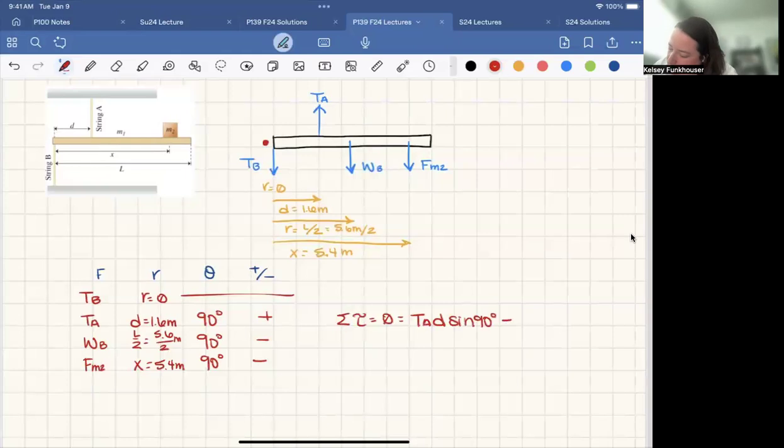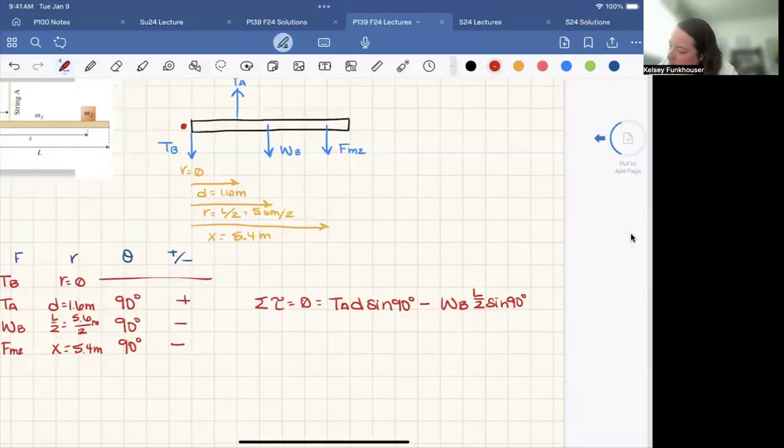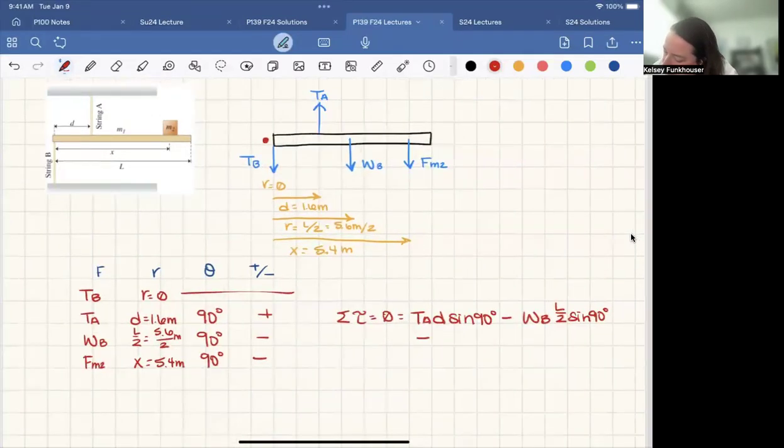That one's positive, minus the weight of B times L over 2 sine 90. Minus the force from mass 2 times x sine 90. Okay, so all of those sine 90s are 1, so we can just ignore them.